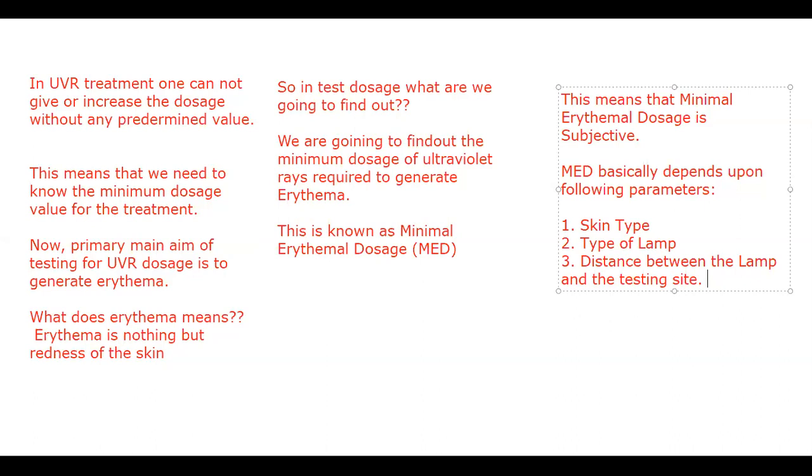So we are going to discuss this in much detail. That is why this dosage part is divided into part 1 and part 2. In part 1, we will just discuss the basics of UVR test dosage, and in part 2 we will discuss the advanced part, how the dosage is progressed with the same distance and if the distance is changed. Clear? So my dear students, we will now move ahead to the testing dosage.